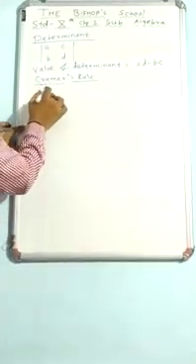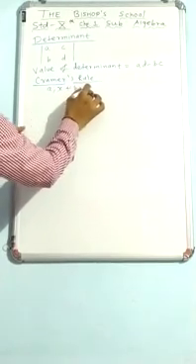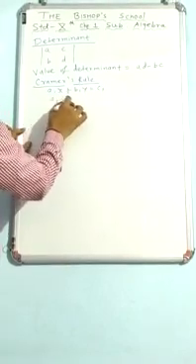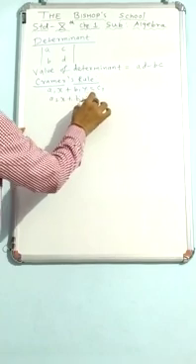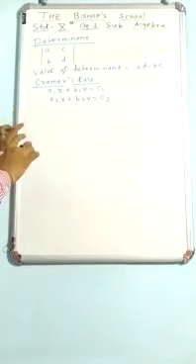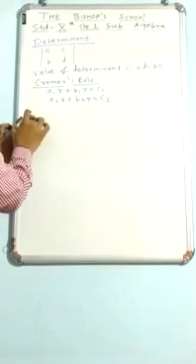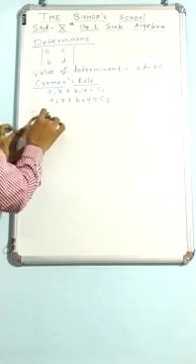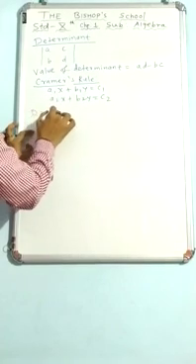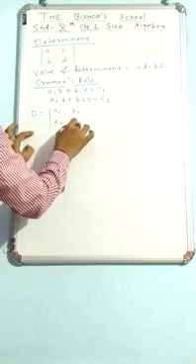Whenever we have two equations given, a1x plus b1y equal to c1, a2x plus b2y equal to c2, these two are linear equations. Now, according to Cramer's rule, we have determinant D equal to determinant a1, a2, then b1, b2.